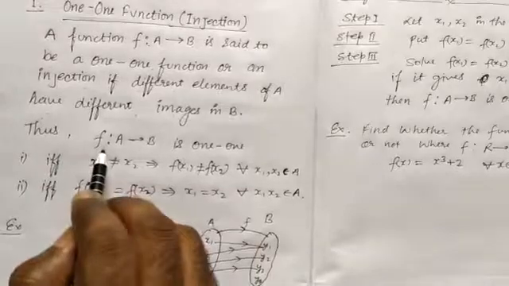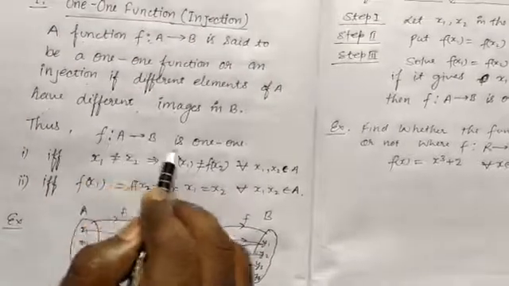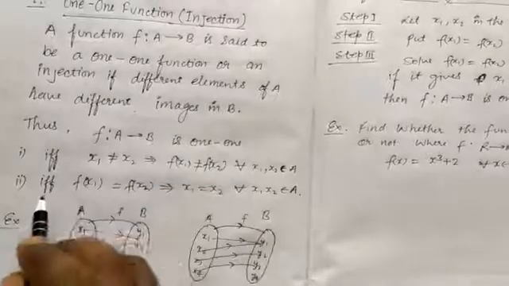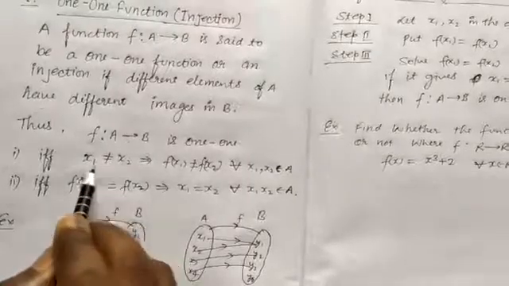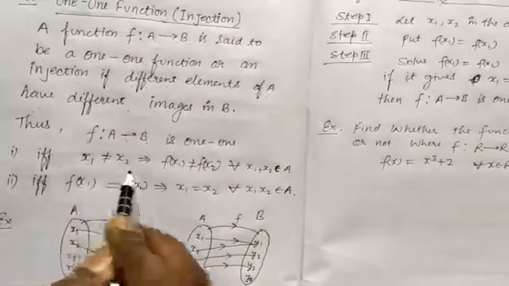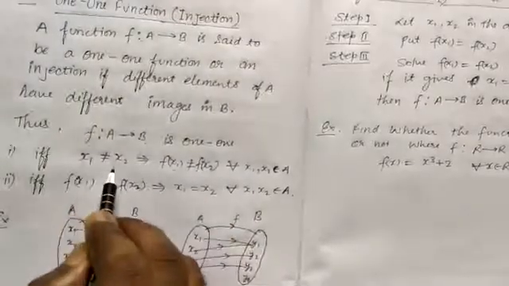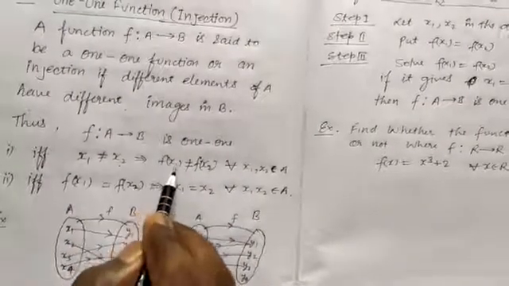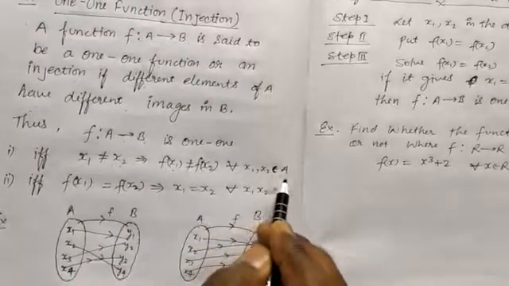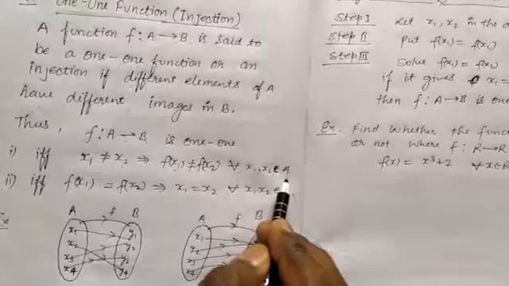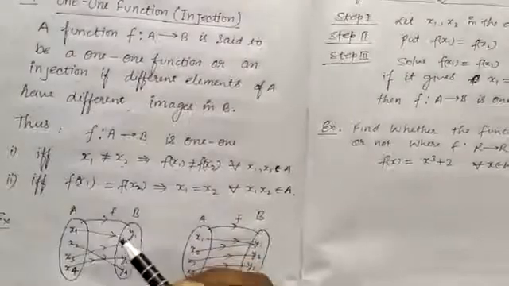Thus, f from A to B is one-one if and only if x1 not equal to x2 implies f(x1) not equal to f(x2) for all x1, x2 belonging to set A. If there are two different elements, there will be two different images.